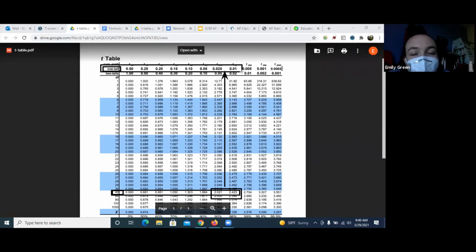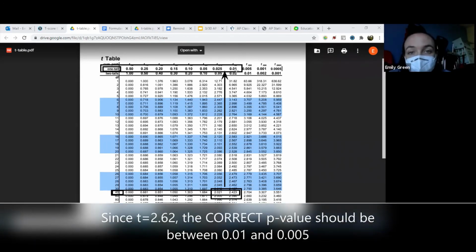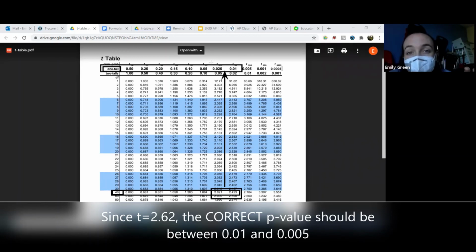And what I see here is that my p-value is going to be something between 0.025 and 0.01. I don't know what it is exactly, but I know for sure that either way, that's less than 0.05. So I know that my p-value is somewhere between that 0.025 and 0.01.